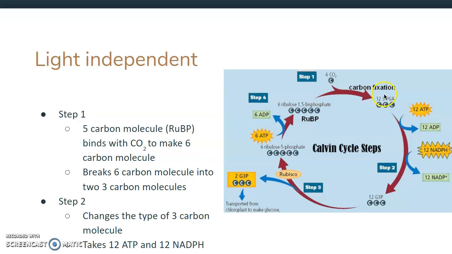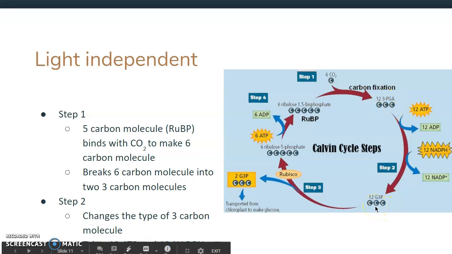Once we do that though, we will break it into 2 3-carbon molecules. Then our next step, our step 2, is when we take in 12 ATP and 12 NADPH, and all we're doing is rearranging this 3-carbon molecule into a different 3-carbon molecule.